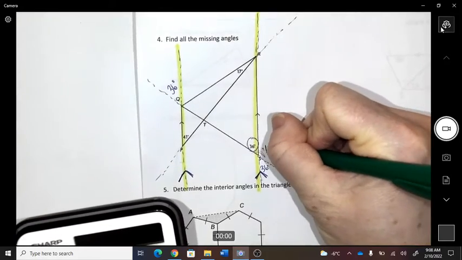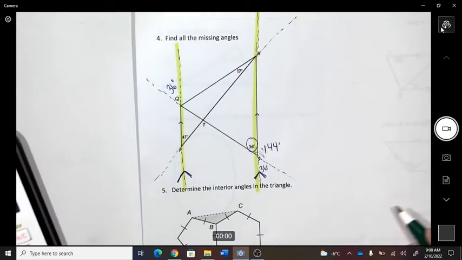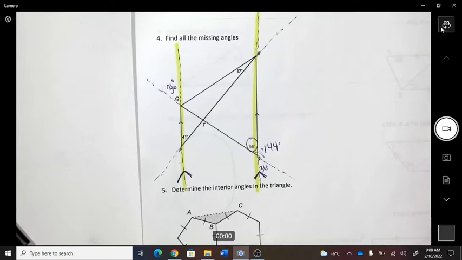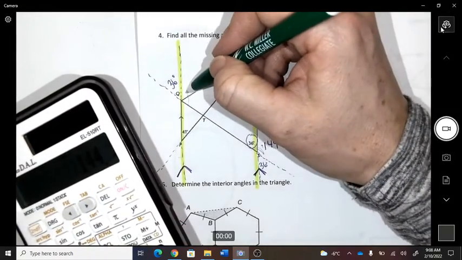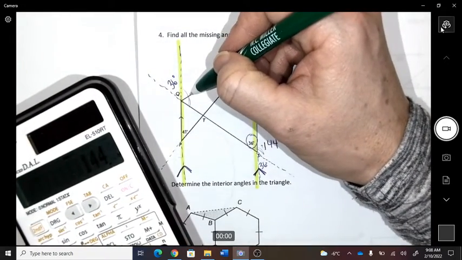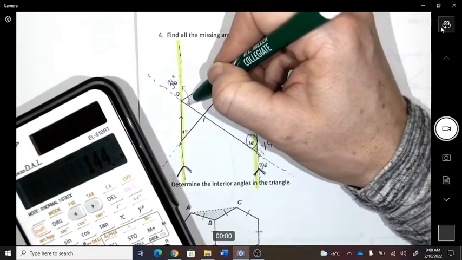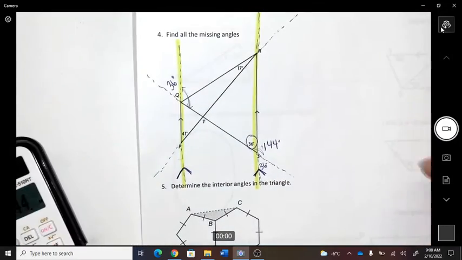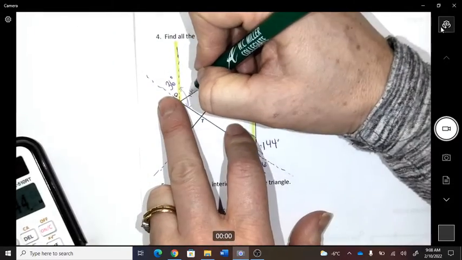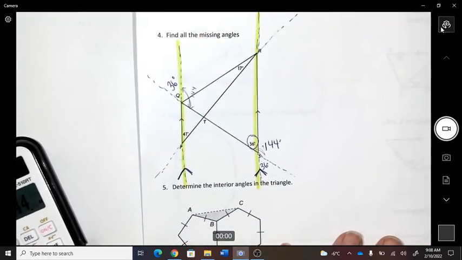So that's 144. So this is also 144, but like the whole thing, not just one angle.